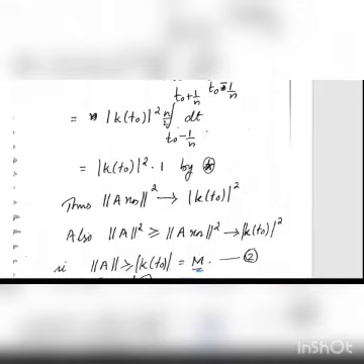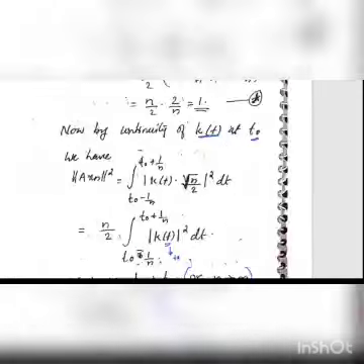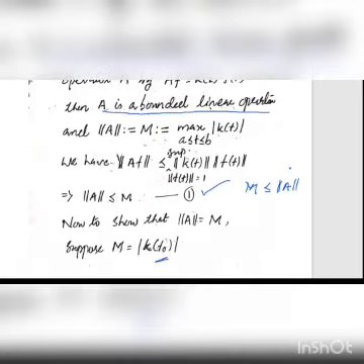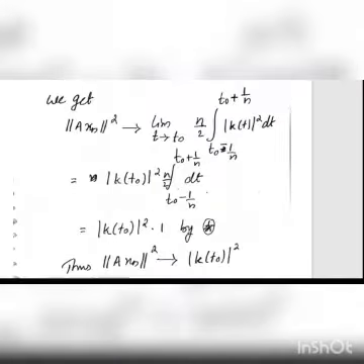Let's call this equation 2. From equation 1, what was that? It was equation 1. So from equation 1 and equation 2, you can conclude that norm of A is equal to M. That's why we have proved that this operation is a bounded linear operator.